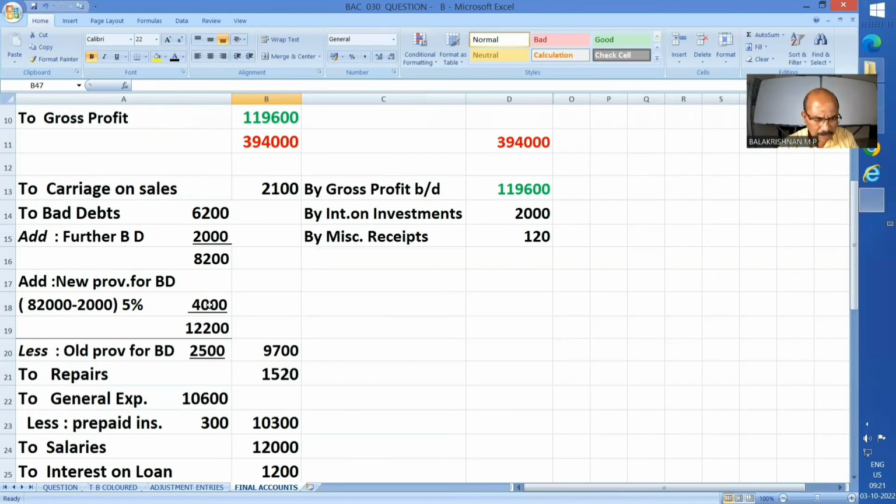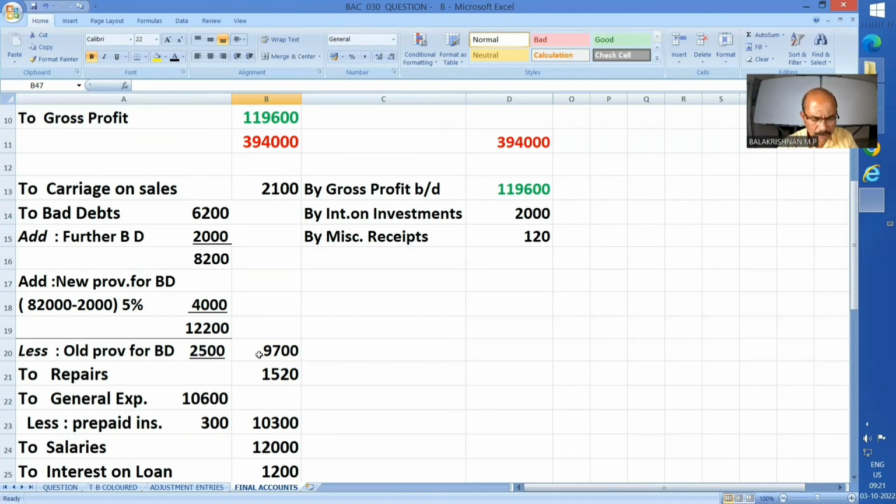Now, how did you get this 4,000? 82,000 was my debtors. Further bad debts, I had to reduce. And 80,000 is the one that they want a 5% provision on. That comes to 4,000. So 12,200 now comes. Now, of course, obviously, I don't need the old provision because new provision is there.